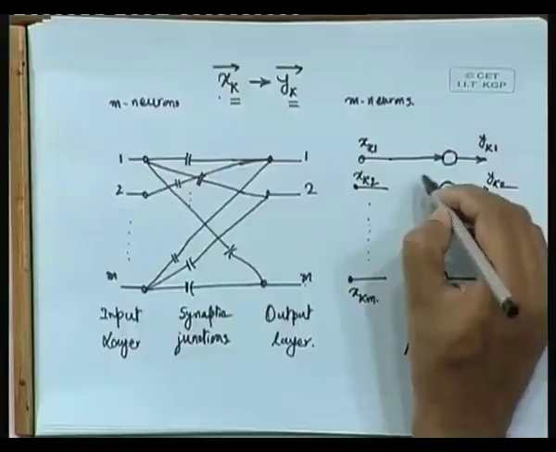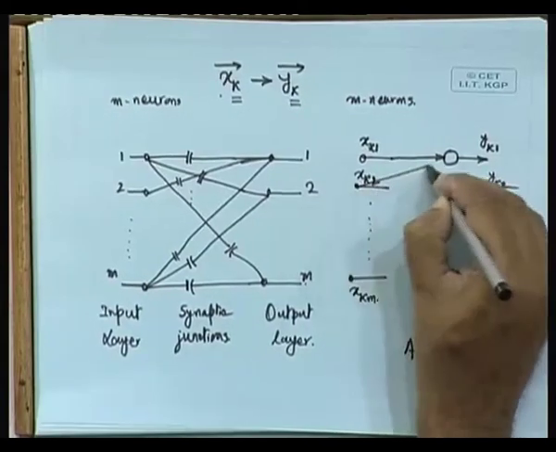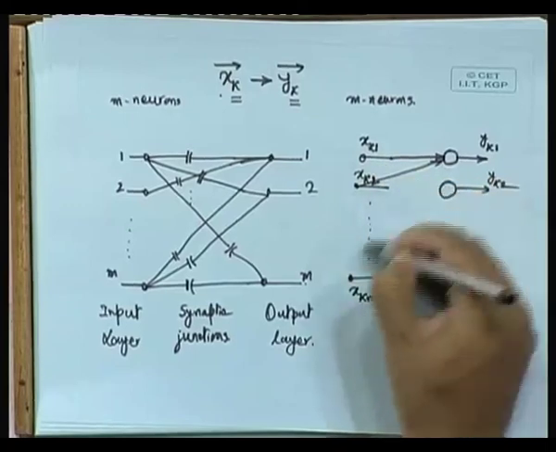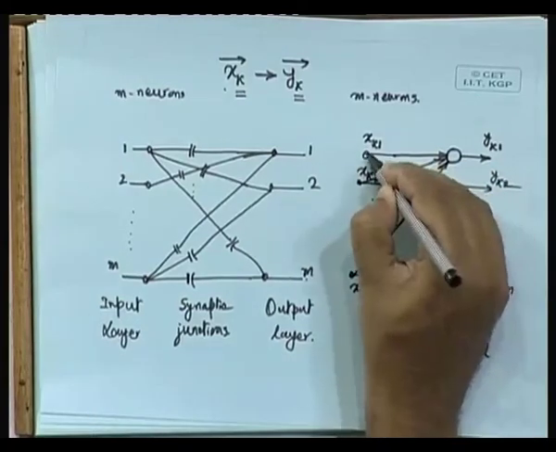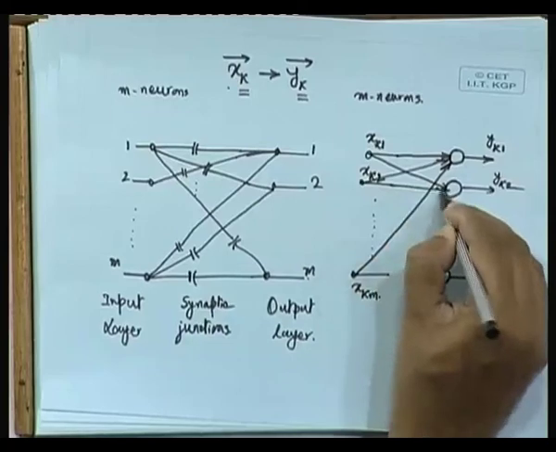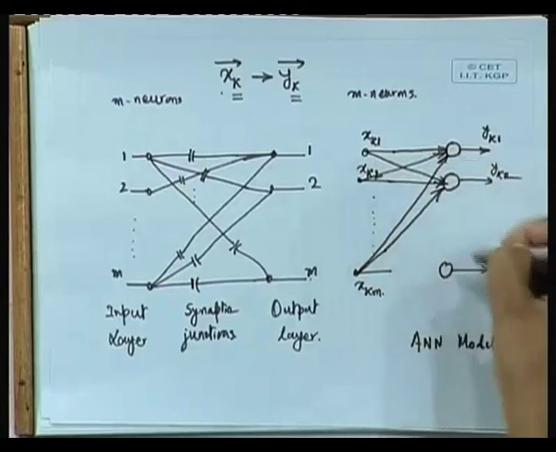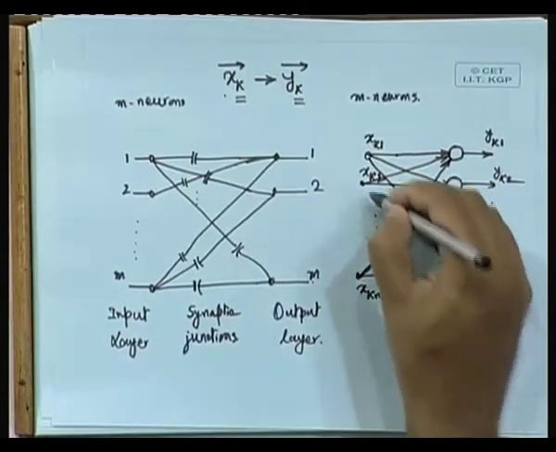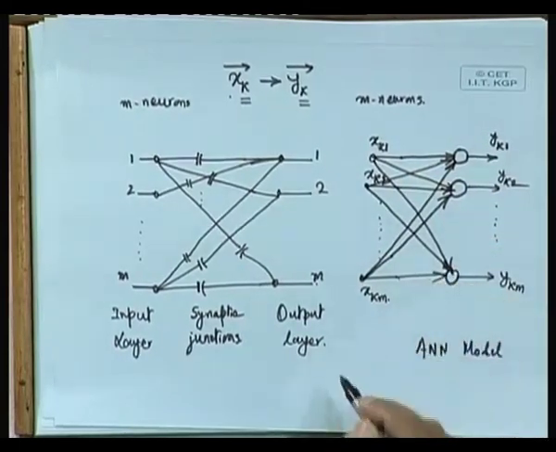Okay. Now what happens is that every neuron will have connections from all the inputs. So this will be connected to xk1, xk2 and up to xkm. Likewise yk2 will be connected to xk1, xk2 up to xkm, and likewise, continuing this way, ykm will be connected to xk1, xk2 up to xkm.